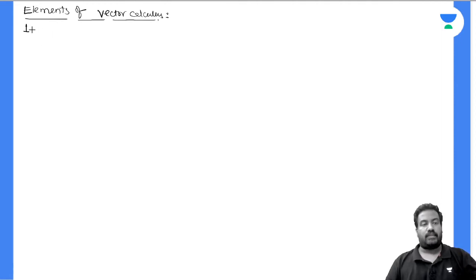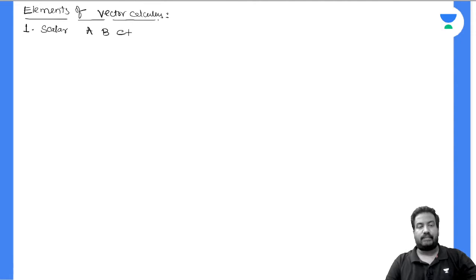we discussed quantities like scalar quantity. What is scalar, dear? Scalar is something which is having only magnitude, no direction, represented by capital letters. Next, we see vector quantity. What is vector, dear? A vector is one which is having both magnitude and direction.